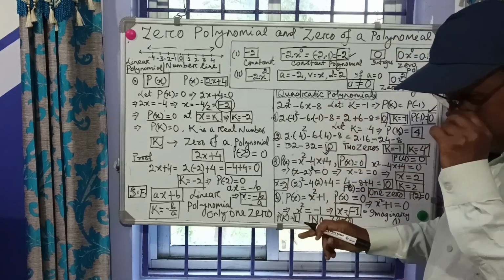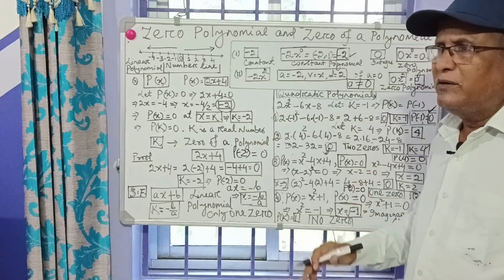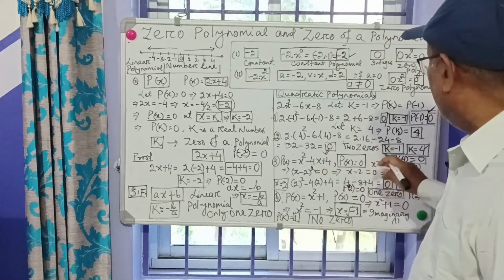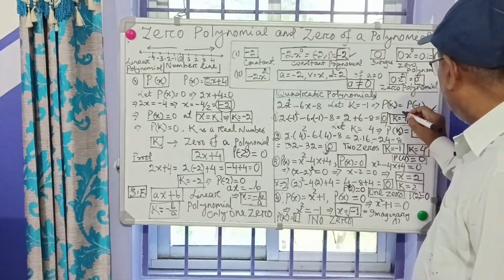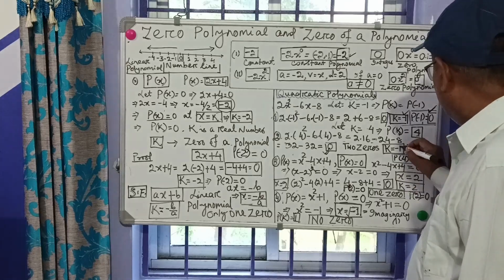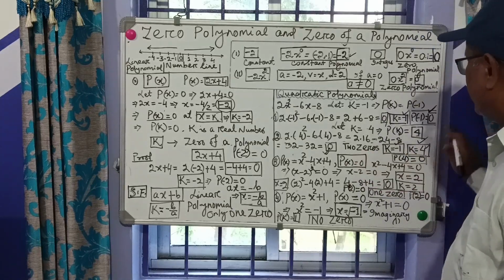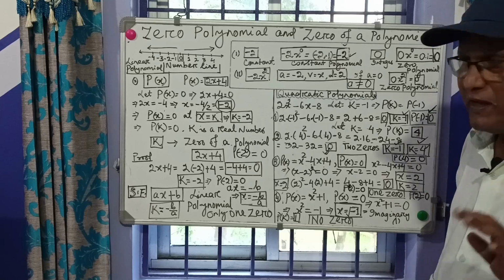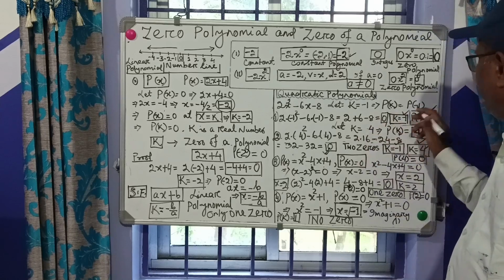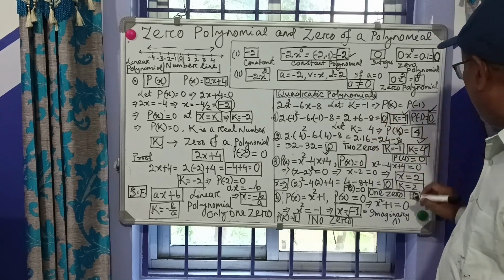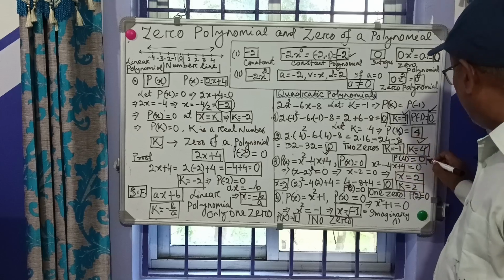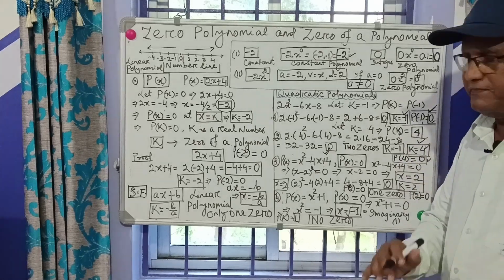So for this polynomial, we find two zeros, that is k is minus 1 and k is 4. These are two zeros of this polynomial. So we can write p(minus 1) is 0 and p(4) is equal to 0 in short form.